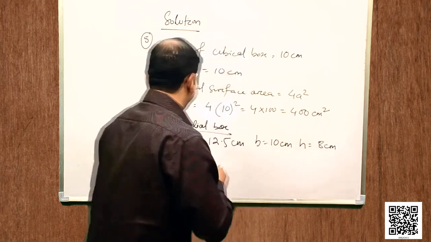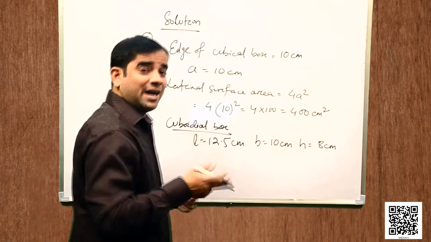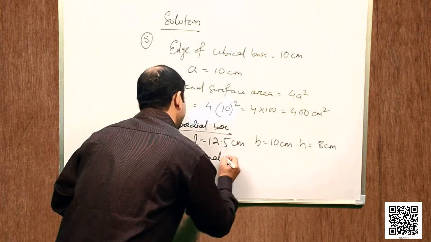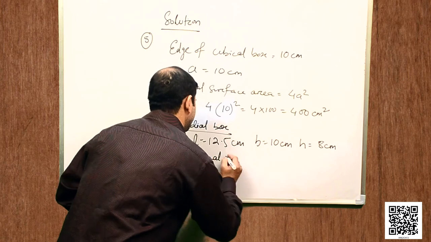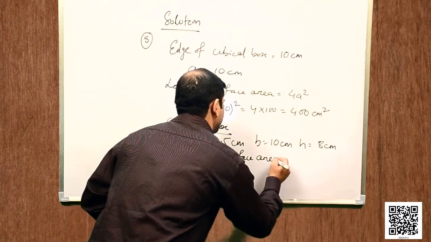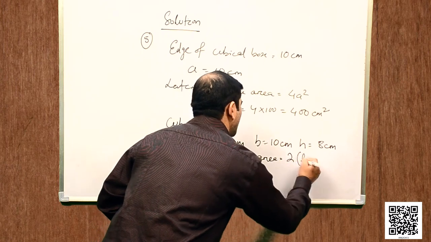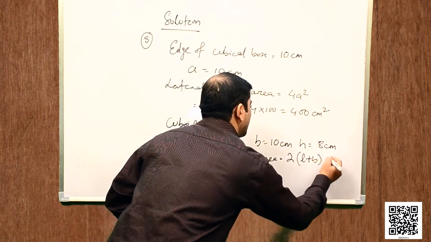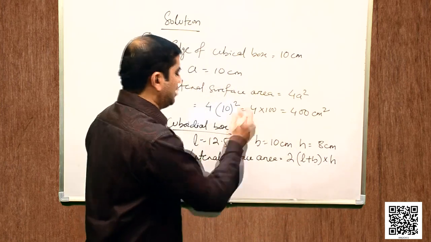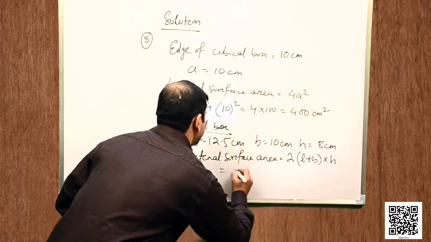Okay. So the lateral surface area is equal to 2 into L plus B into H. Fine. So let us now substitute the values to find out the lateral surface area.